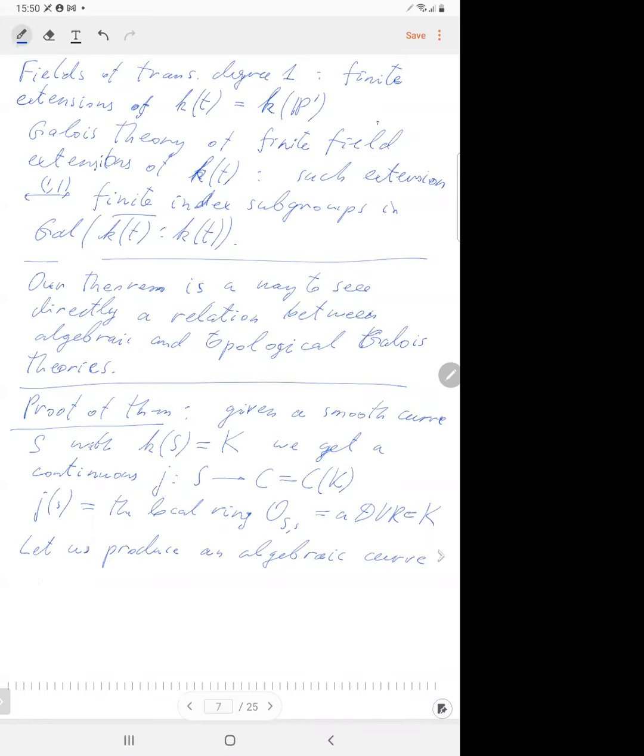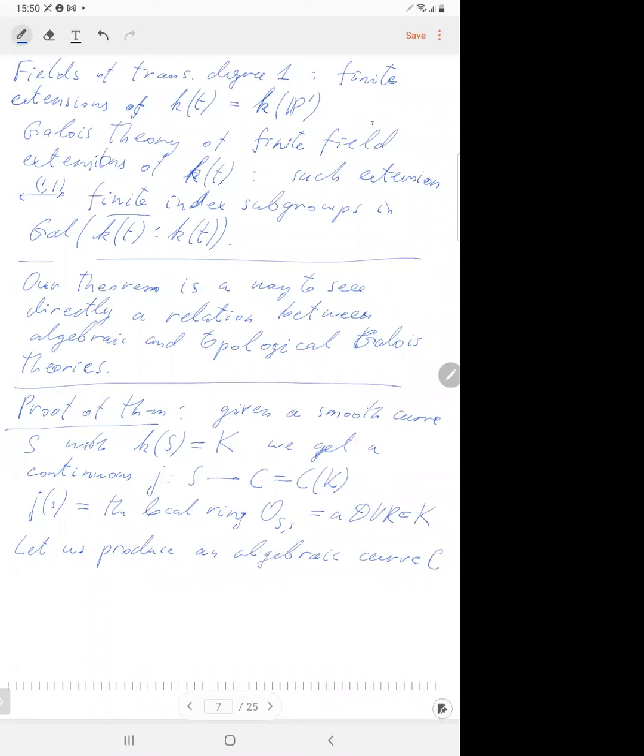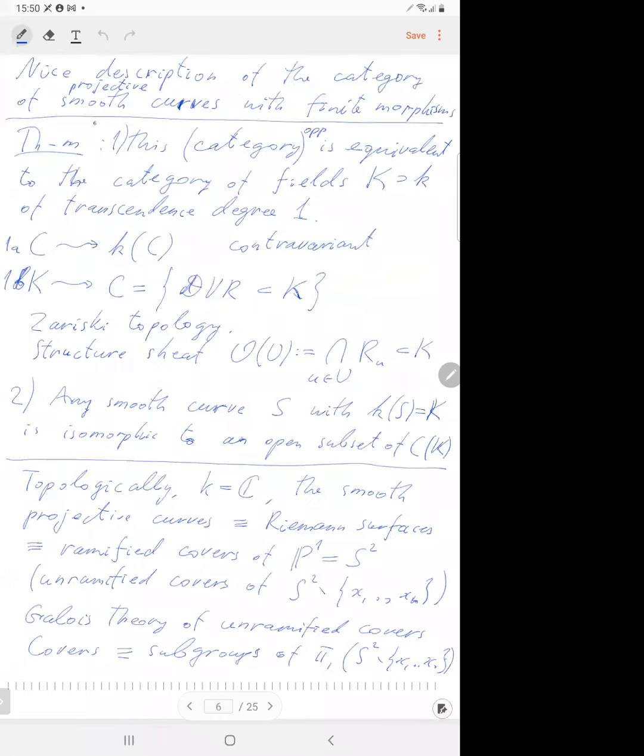Well, how to say it? Algebraic curve C, algebraic structure on the curve C. But I will not call it C, I will call it E. And then I will prove that somehow it is isomorphic to this C with the above structure. Because in the statement of the theorem here, we did equip our curve C with some structure Xi from the topology.